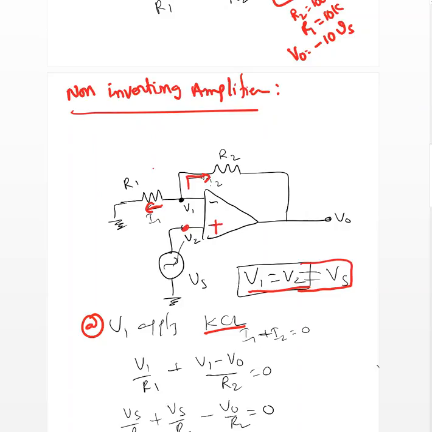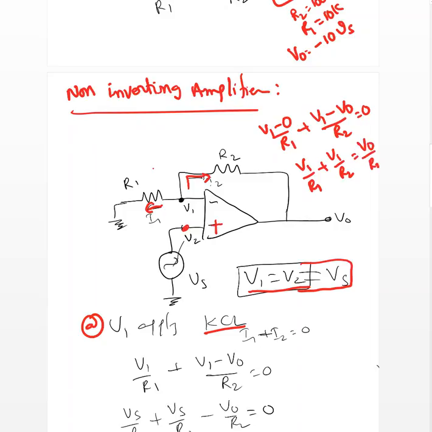So applying KCL here: V1 minus 0 over R1 plus V1 minus V0 over R2 equal to 0. If I simplify this, I will end up with V1 over R1 plus V1 over R2 equal to V0 over R2.